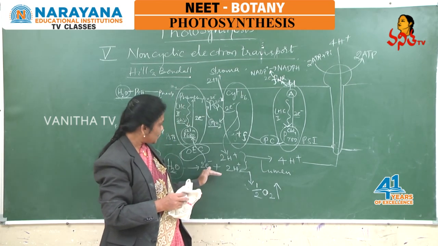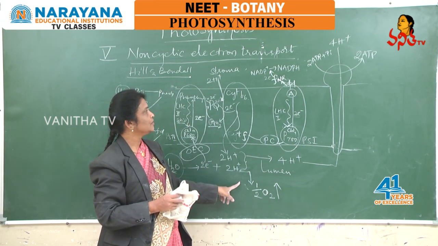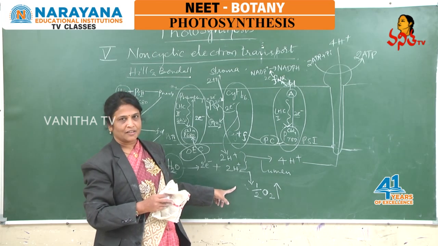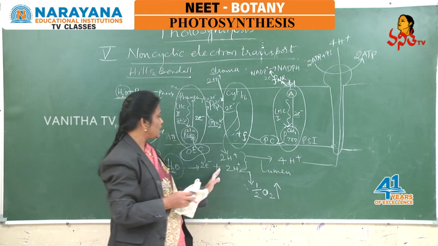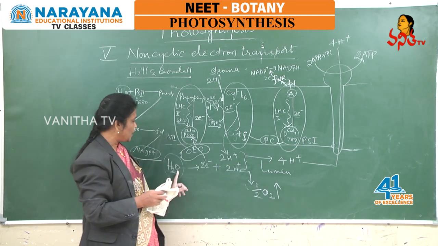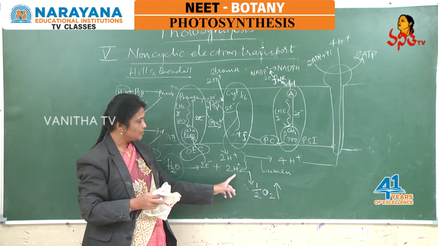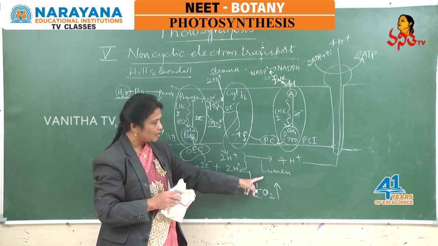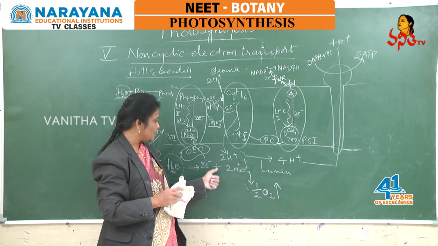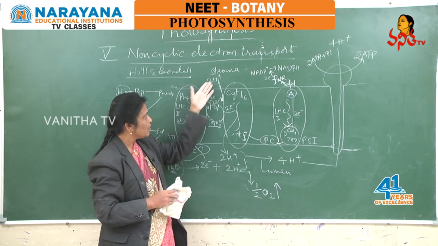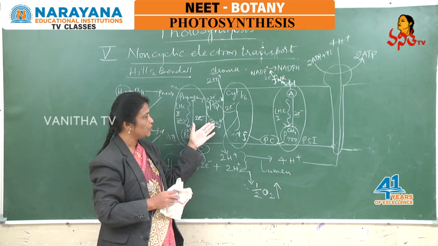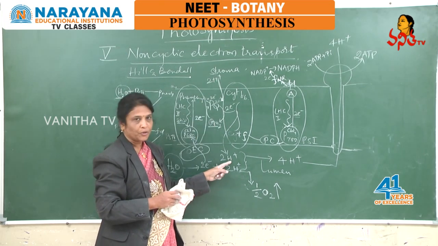Okay. And in addition we observe one more event, that is proton translocation. Now, let us discuss proton translocation. Splitting of one water molecule causes the liberation of 2 protons directly into the lumen, and the 2 electrons involved in non-cyclic electron transport cause the shifting of 2 protons from stroma to lumen.